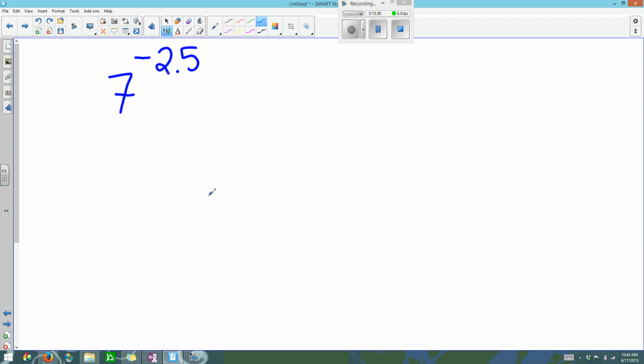So then I'll have negative 7. Let's see, 2.5 as a mixed number is 2 and 1/2, something like that. So as a fraction, I take my 2, I multiply it with my denominator, and then I add the numerator, and I will get a regular fraction. So this will be 5/2.